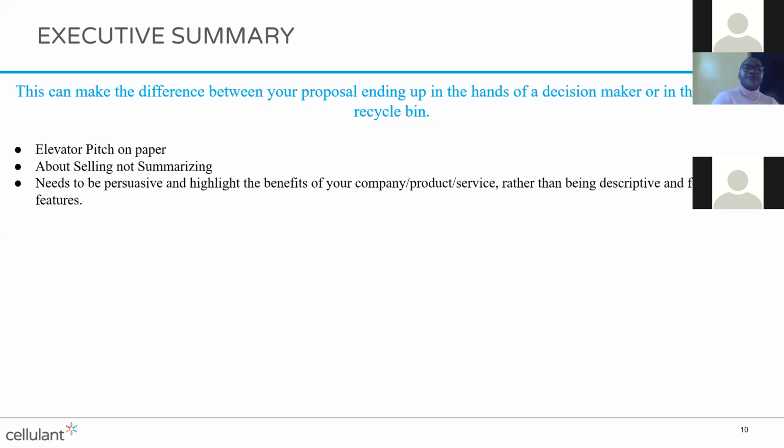It needs to be persuasive, and it needs to highlight the benefits of your company, your product, or your service, rather than being descriptive and focusing on the features. The reason why your executive summary is so important and why it needs to be persuasive is that more often than not, the reality on the ground is you can spend a week preparing a proposal for a customer, finding the right words to use, putting in all of the graphics that are required.